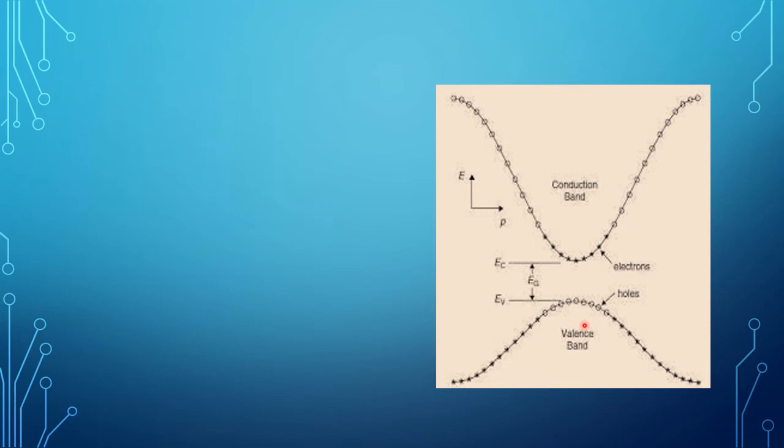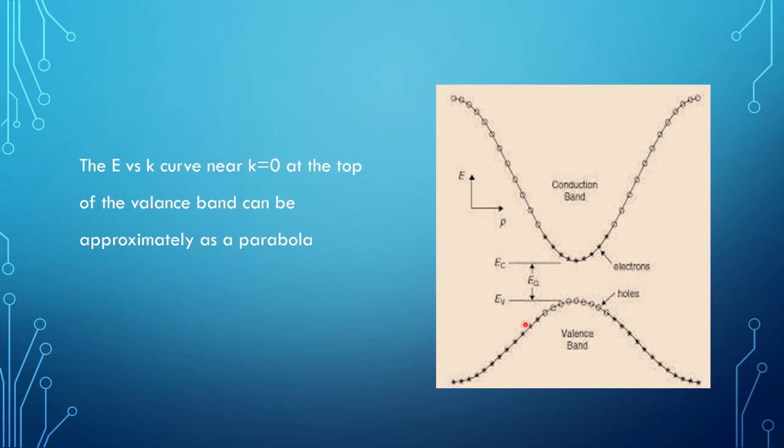The effective mass of the hole is mp star. From the E versus K curve near K equal to 0 at the top of the valence band, we get approximately the parabolic equation E equal to EV minus h cut square k square by 2 mp star, where mp star is the effective mass of hole.